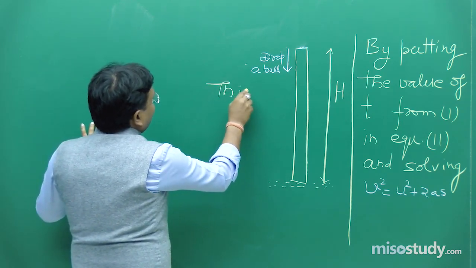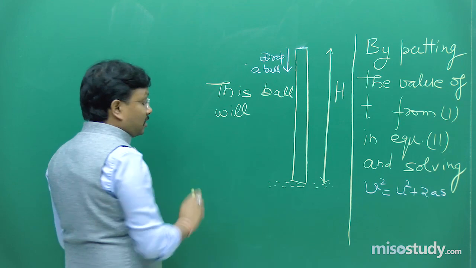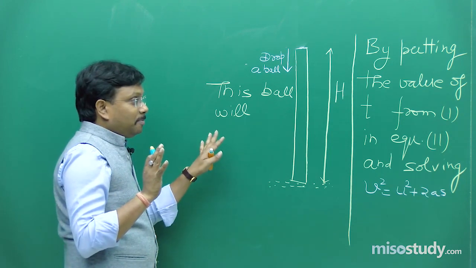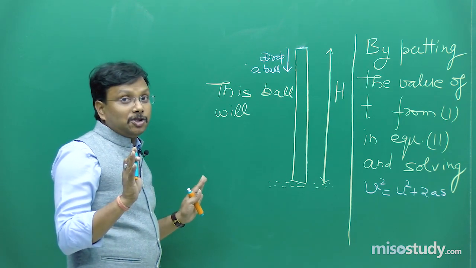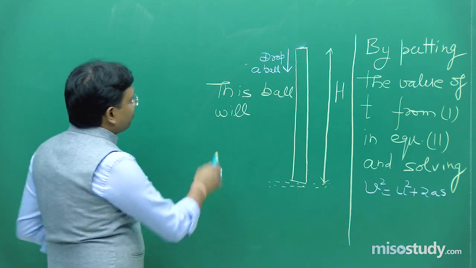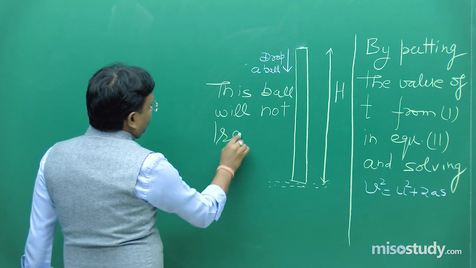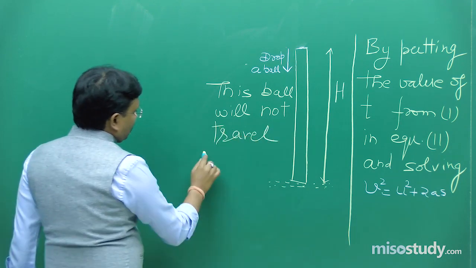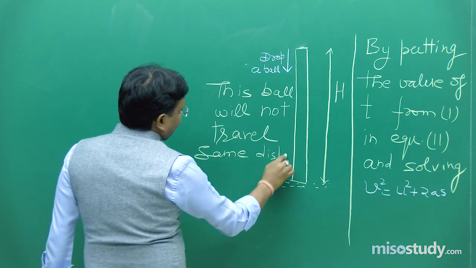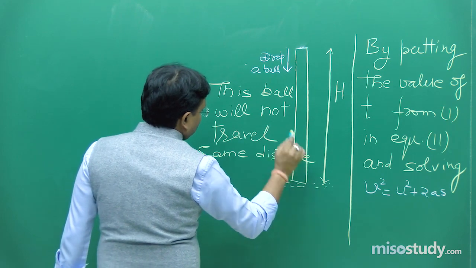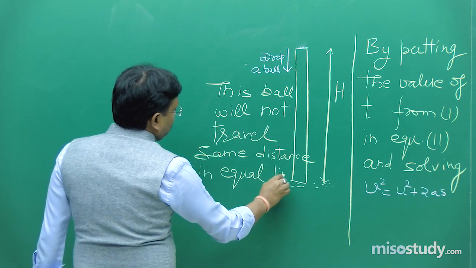So one conclusion that I would like to mention over here is, if you keep these points in your mind, which I am explaining in initial phases, you will find yourself in a very comfortable position when you start solving numericals. This ball will not travel the same distance in equal time.